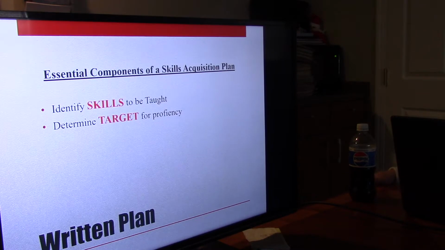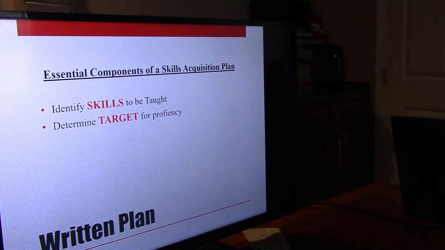All right. Essential components of a skills acquisition plan. You have to identify the skills to be taught and determine the target for proficiency. Our target criterion is 80% or above for 3 consecutive days across 2 people for targets 1 through 7.